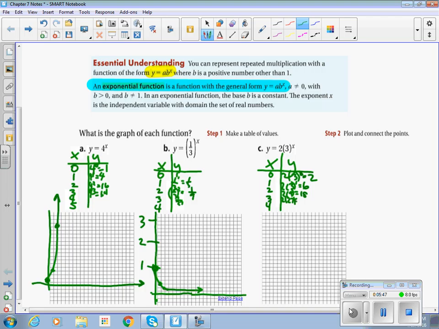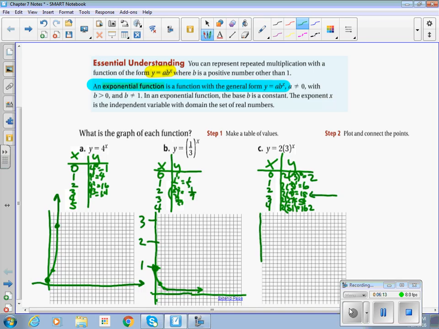2 times 27 is 54. And then 3 to the fourth is 81. And 81 times 2 is 162. All right, so I'm going to be able to graph all the way up till here, and then it's going to shoot right off on my graph.